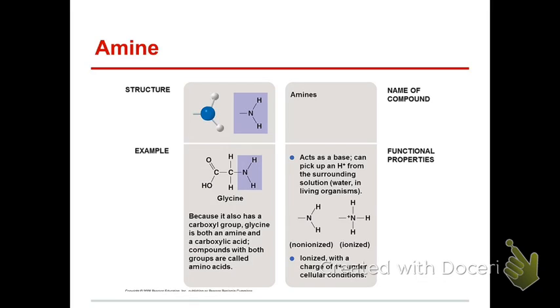What's interesting about amine groups is they act as bases because this nitrogen can accept a hydrogen. And when you take free hydrogen ions out of solution, you increase the pH, making the solution more basic. So amino acids have a very interesting property to them.